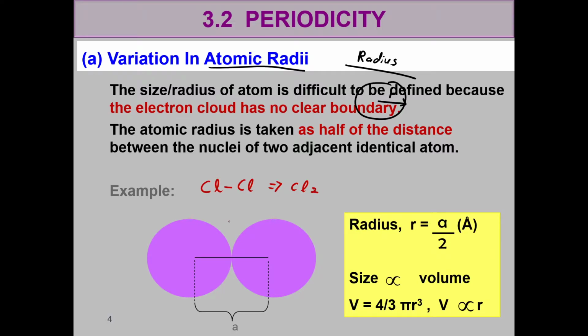So we let chlorine sit together with chlorine to become chlorine gas, and then we look at the distance between the two nuclei, and obviously we divide by 2. And the unit of distance is angstrom.